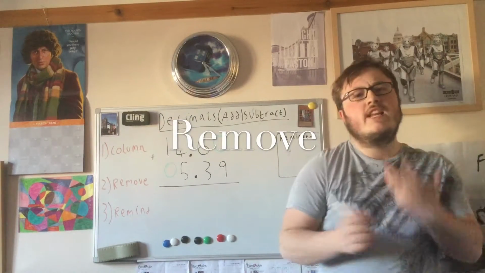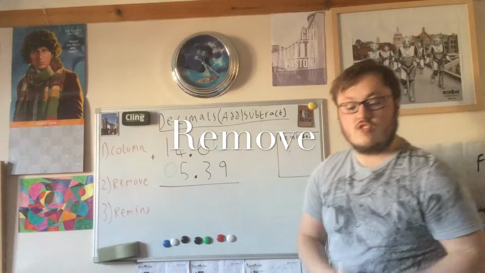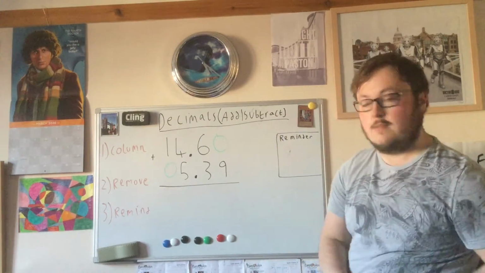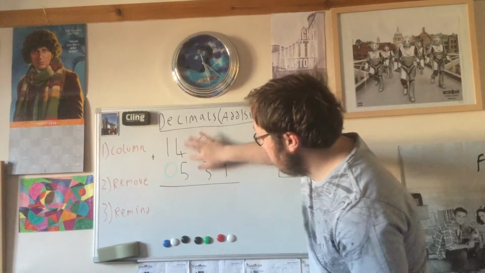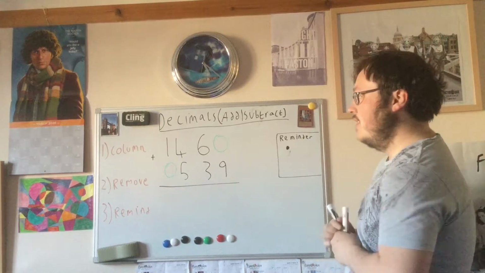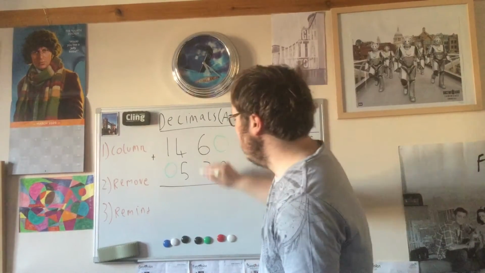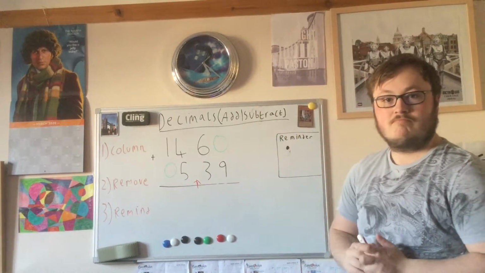Because I don't really like decimals, especially in adding, subtracting, I'm going to remove the decimal. How am I going to do that? Well, I'm just going to rub it out and put it in the reminder box. But I'm going to mark a little red arrow and you'll know why in a minute.